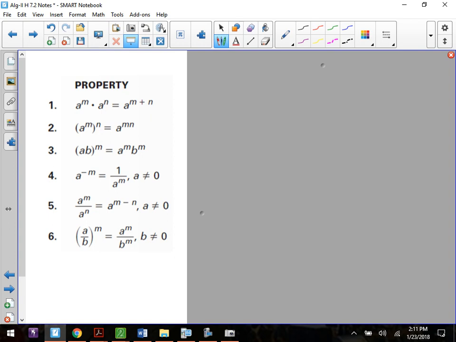When you have the same base, different exponents, and you're multiplying, you're just adding your exponents. When you have a base to an exponent, remember we called that power to power. That's when we multiply.